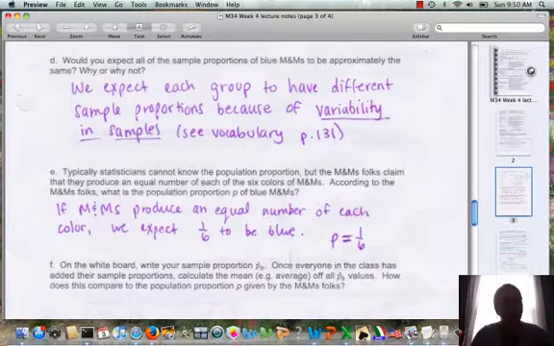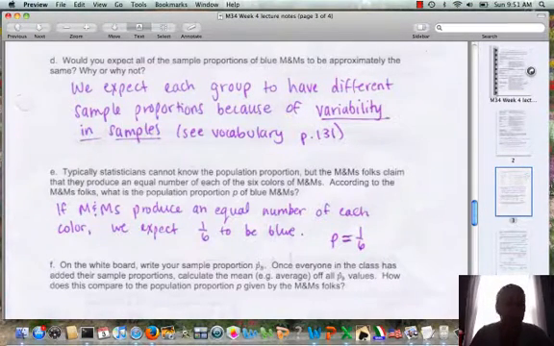Question E tells us, typically statisticians cannot know the population proportion, but the M&Ms folks claim that they produce an equal number of each of the 6 colors of M&Ms. According to the M&Ms folks, what is the population proportion P of blue M&Ms? So if M&Ms produce an equal number of each color, then we expect 1 out of 6 to be blue, and our population proportion P is 1 out of 6.